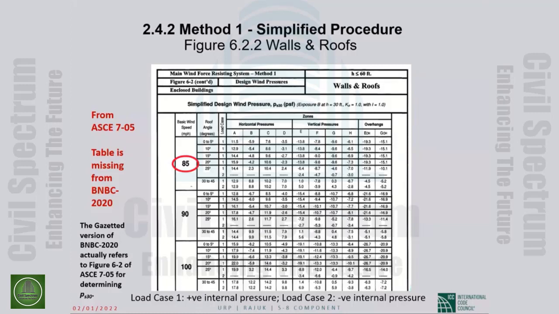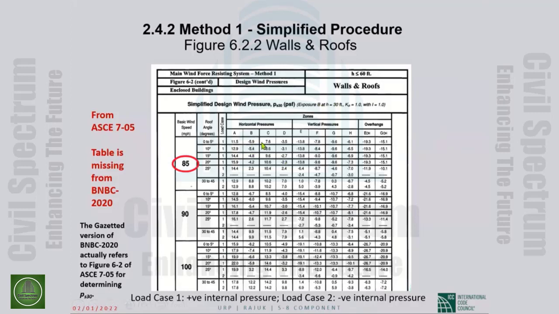PS30 depends on the basic wind speed, the roof angle, and that's about it. You get the pressure or suction on all those areas, A, B, C, D, E, F, G, H. Okay. The values are as pointed out for exposure B and mean roof height of 30 feet. So this is as direct as that.